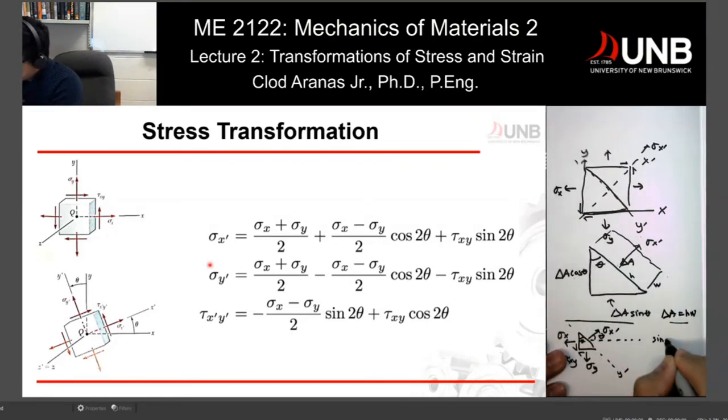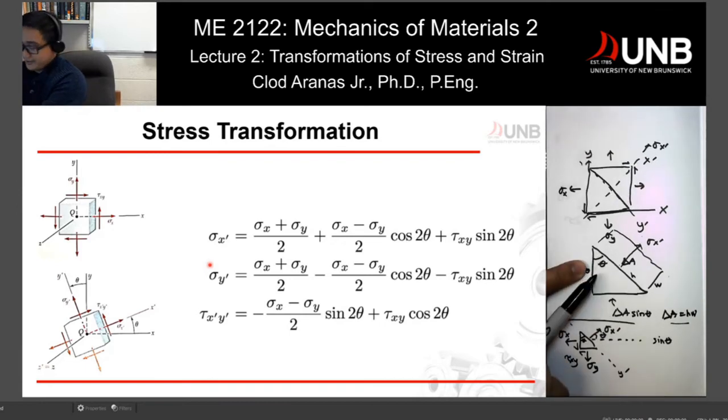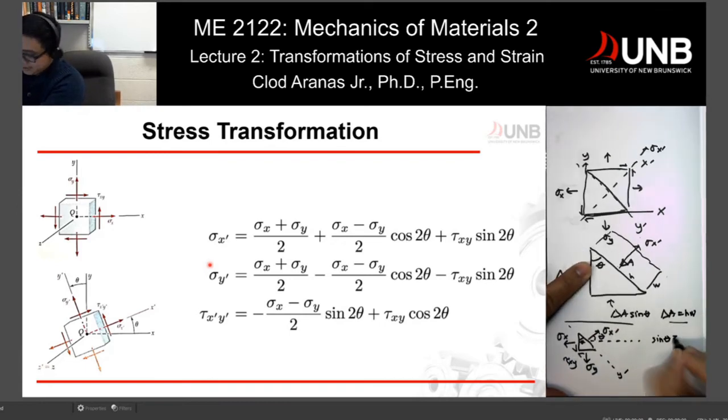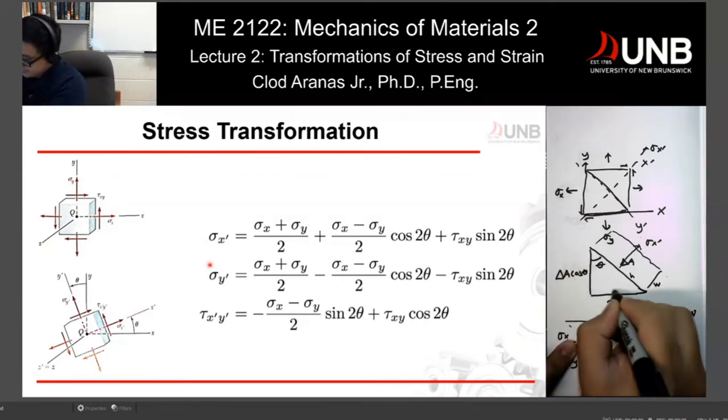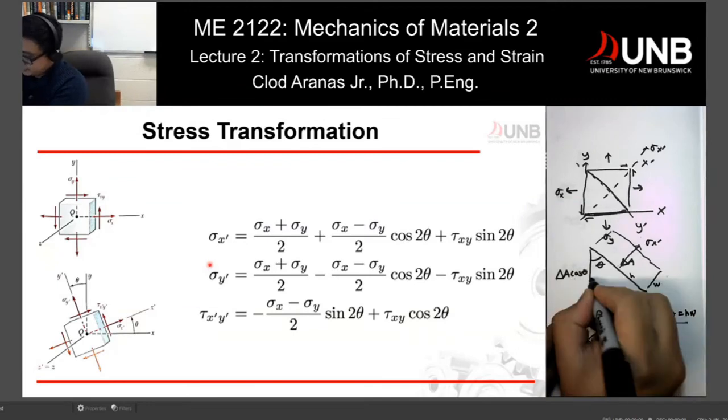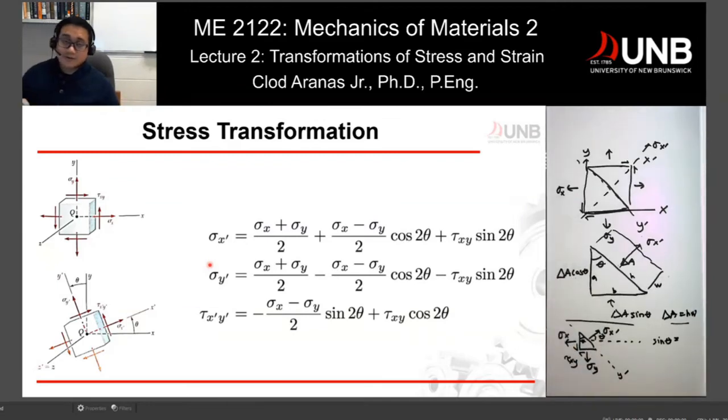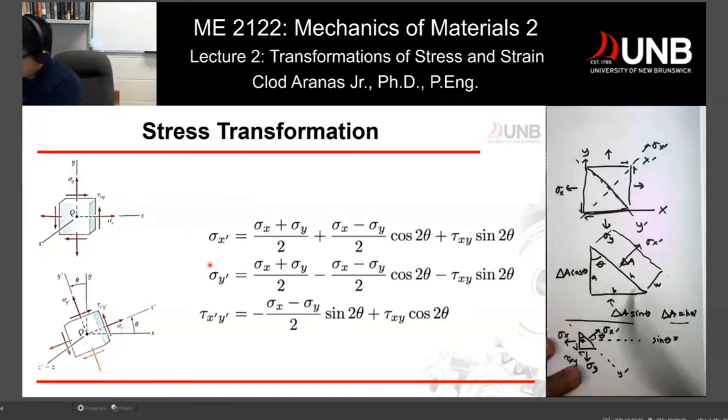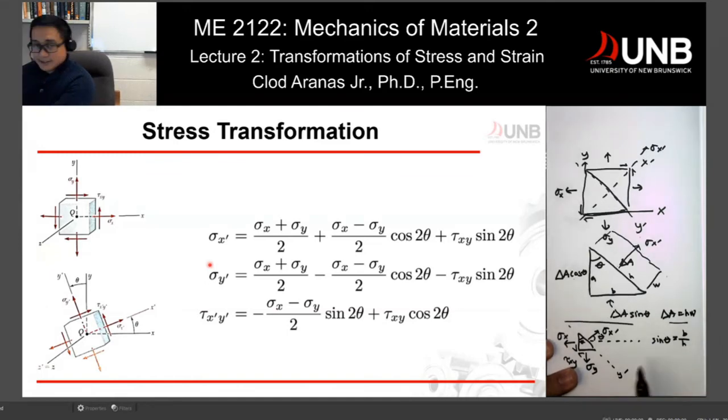Let's call this one B, and this one A. So right now we have three different dimensions: A, B, and H. If we use the sine function, sine is opposite, which is B, divided by H. So in this particular case, B is equal to H sine theta.